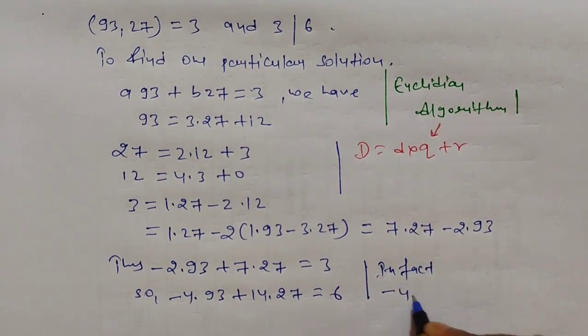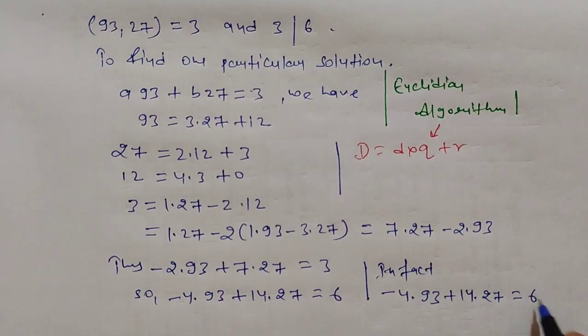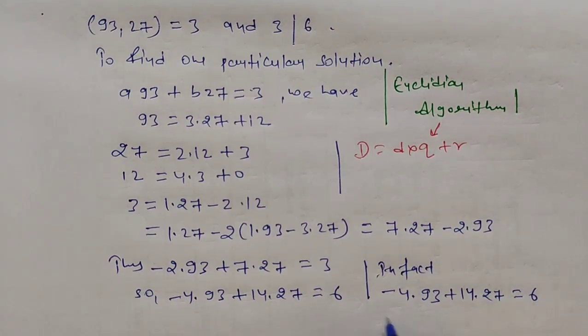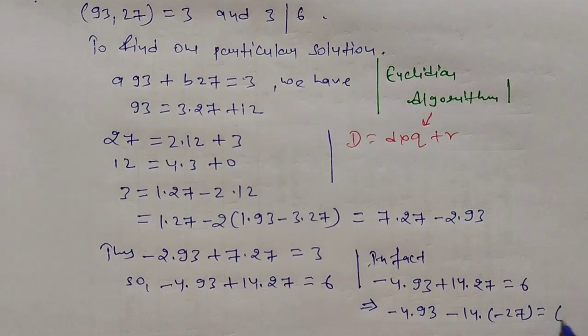This will imply minus 4 into 93 minus 14 into minus 27 is equal to 6.